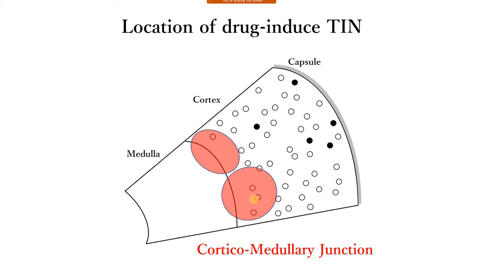If the drug-induced TIN is at a very early stage, we often see the inflammation in the corticomedullary junction. We don't know why we see that in this area, but often we see it. I looked at the textbook and papers, but there's no definitive information to explain this location.